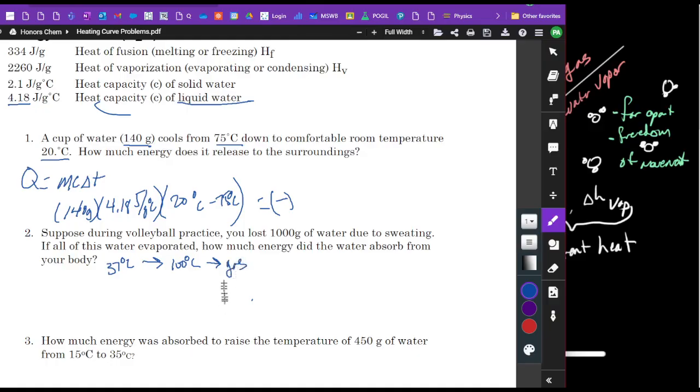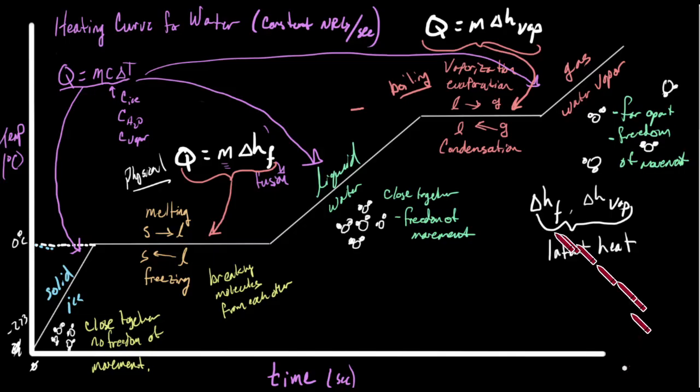So we really have two phases we're talking about. We're going from about here to here, and then we have to take that mass to evaporate. So we have two steps we have to go through. You guys with me on that? The water heats up to its vaporization temperature, and then we start losing that heat.